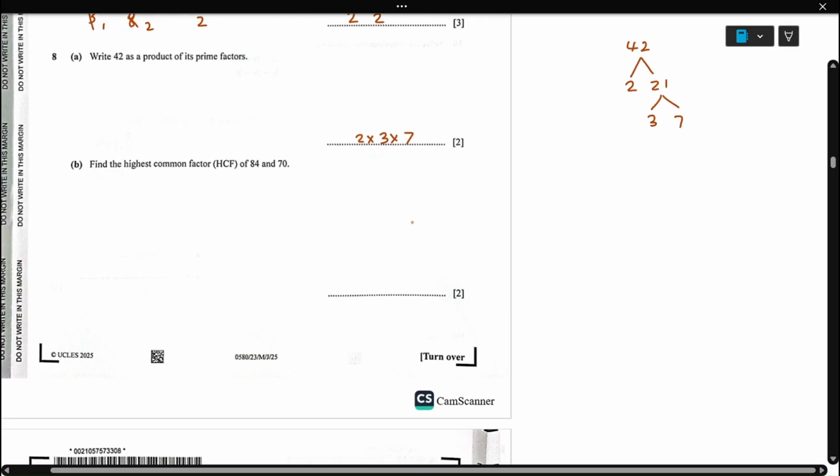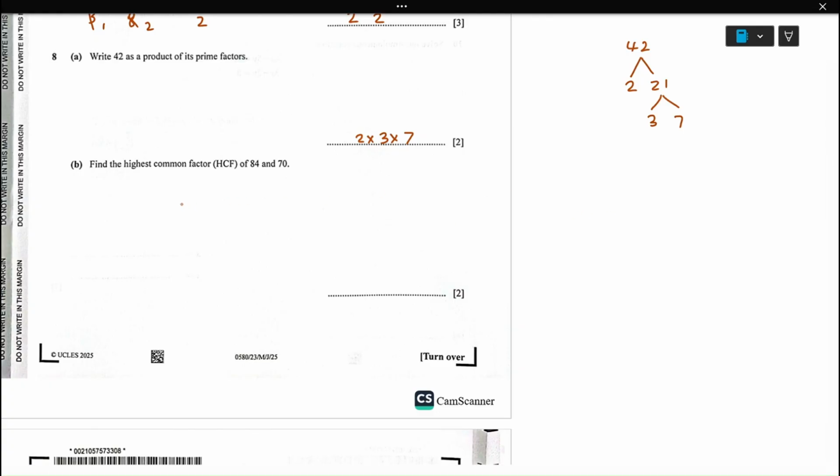Next, find the highest common factor, HCF, of 84 and 70. So first I'll go for 84's prime factors: 84, 2 and 42. Then 2 and 21, and then 3 and 7. So 84 equals 2 times 2 times 3 times 7, and 70 is 2 times 35 and 5 times 7.